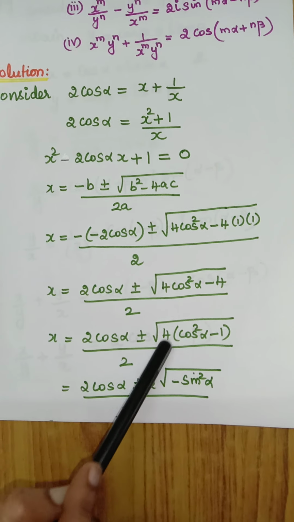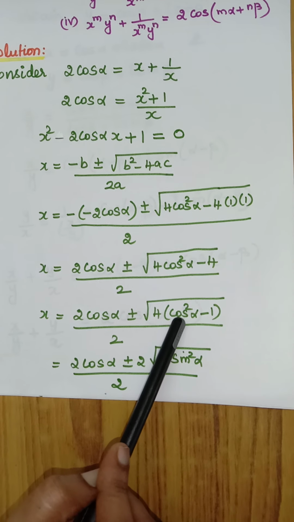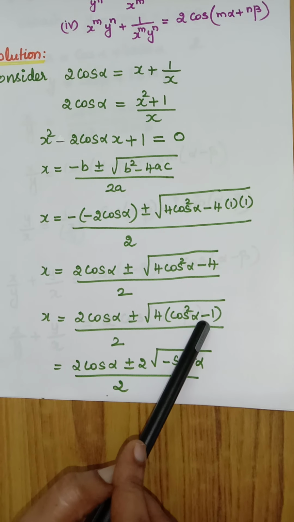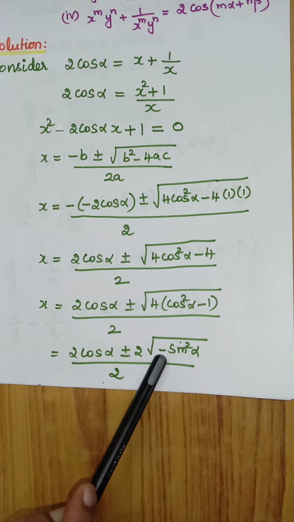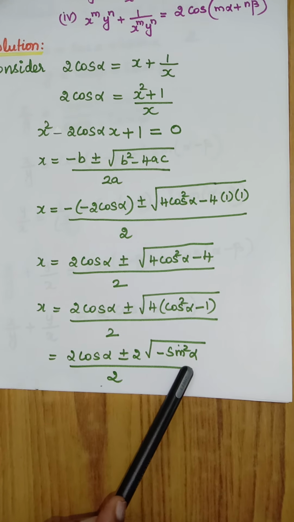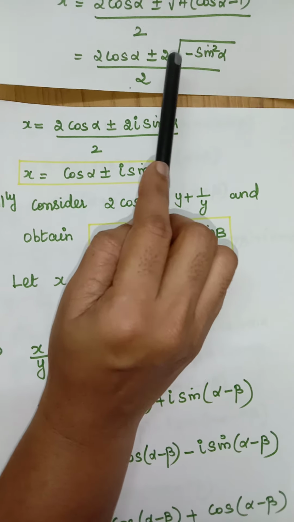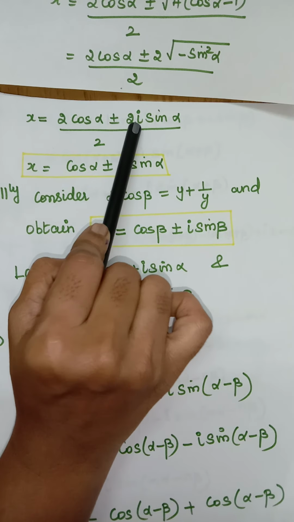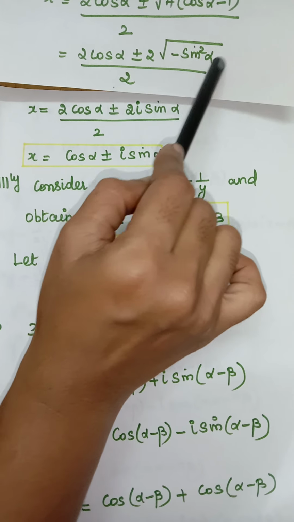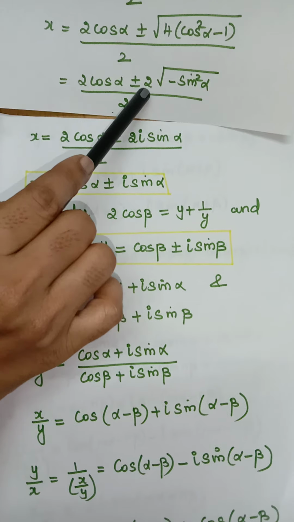From these two terms, what is common? 4 is common. It is taken out. What is it? cos squared alpha minus 1. Okay, cos squared alpha minus 1 is nothing but minus sin squared alpha. So see that square root of minus sin squared alpha you are getting. So square root of minus 1 is nothing but i. And square root of sin squared alpha is sin alpha, and square root of 4 is equal to 2.